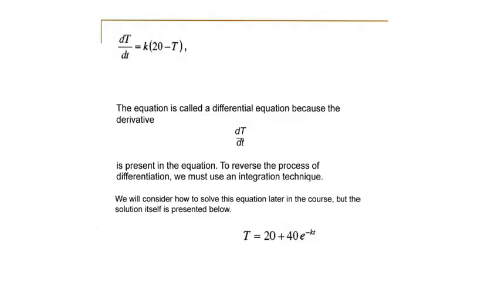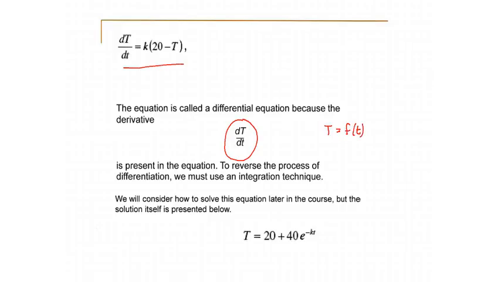So I'm going to write out this equation. It is a differential equation because it has a derivative term in it, and what we want to do is find a function for the temperature with respect to time.